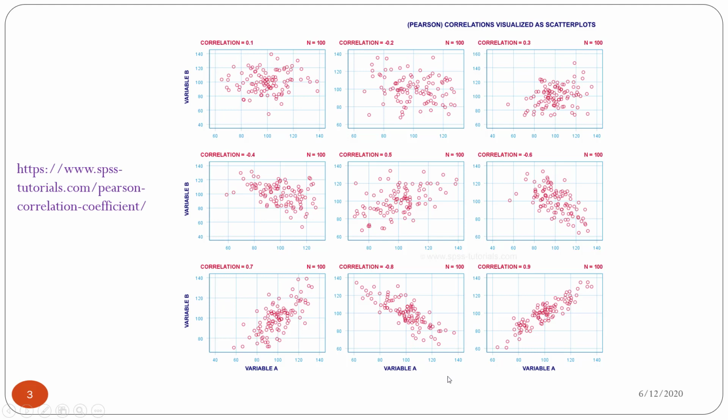So that's a kind of anti-correlation, which means when you keep on increasing the value of variable A, the value of variable B keeps on decreasing, right?